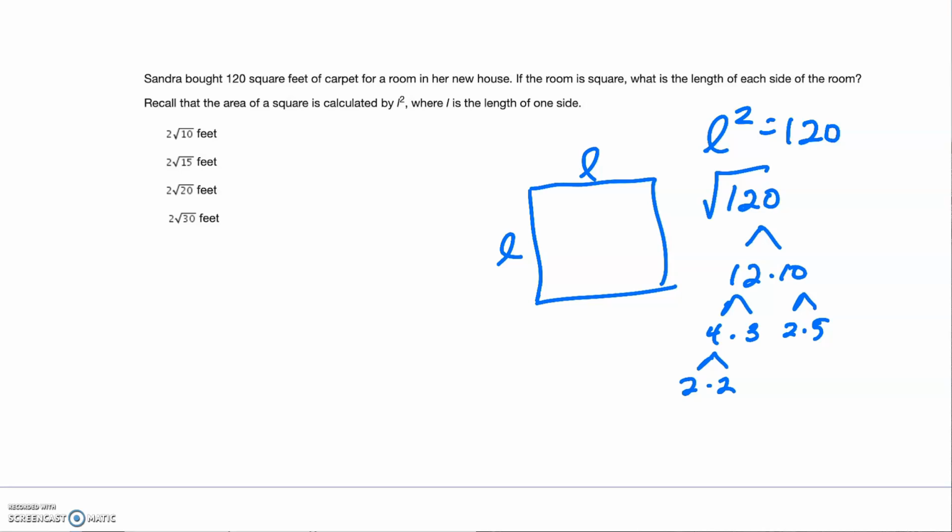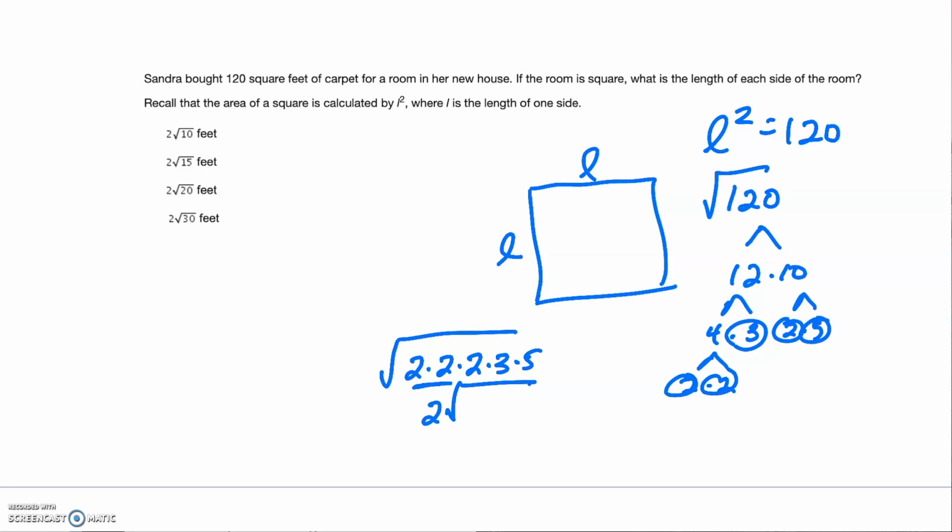And every pair, so if I have 2 times 2 times 2, so 1, 2, 3 2s, and then I have a 3 and a 5. So for every pair, I only have a pair of 2s, so that's going to be 2. And then everything else underneath the radical, 2, 3, 5, I can multiply to equal 30. So it's going to be 2 times the square root of 30 feet.